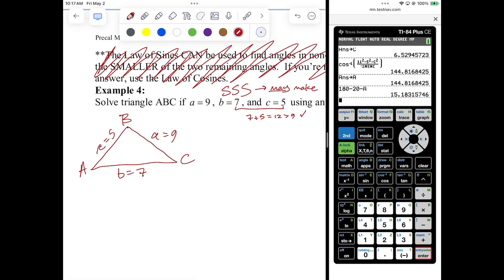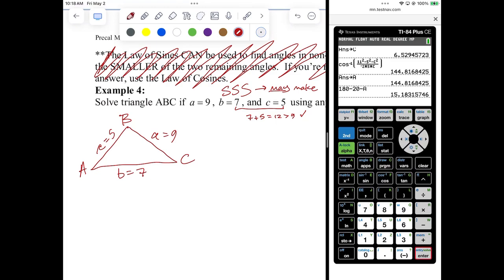The law of cosines doesn't matter which angle you find first. You don't have to find the smallest angle. Which angle would be the smallest, by the way? C, right? Because there's also a property for triangles that says opposite the smallest side is the smallest angle, and opposite the largest side is the largest angle. But the law of cosines doesn't care. You can use the law of cosines with reckless abandon. So just pick one of the angles. You want to find A, B, or C. You want hot dog, hamburger, or pizza?